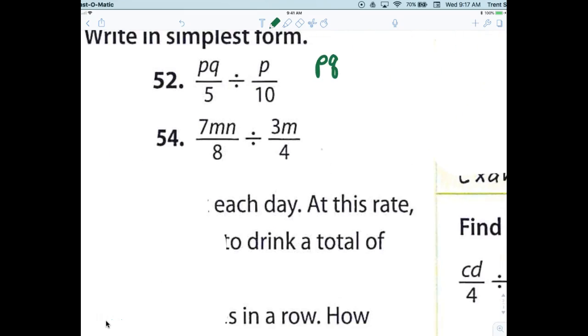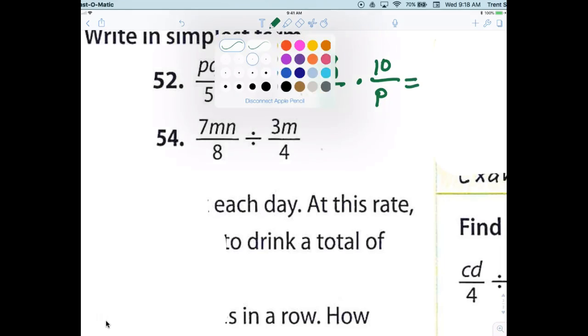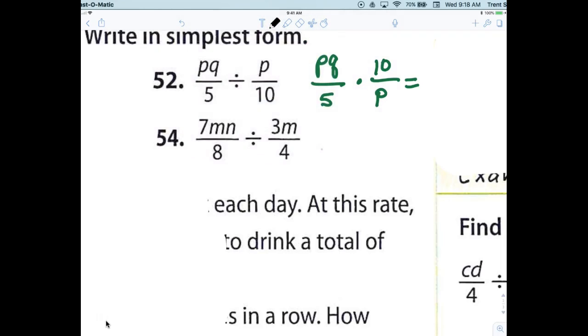P, Q over 5. I see division, so I'm changing it to multiplication. And then I do the reciprocal, 10 over P. Okay? Now, what numbers can I reduce? All right, 5 goes into 5. 5 goes into 10.